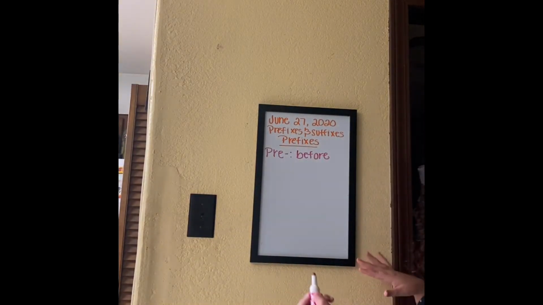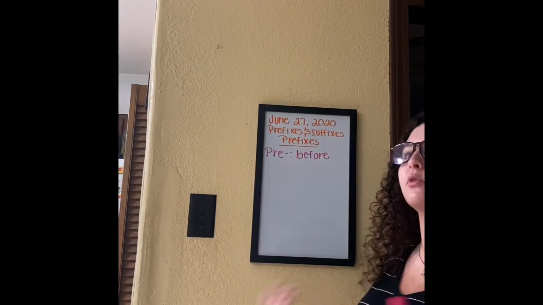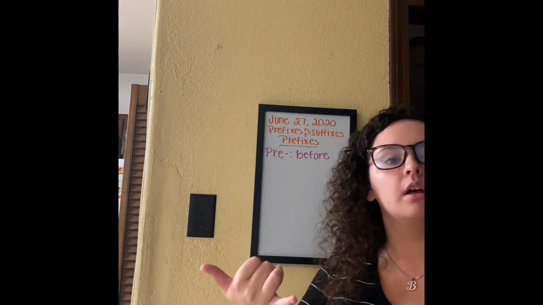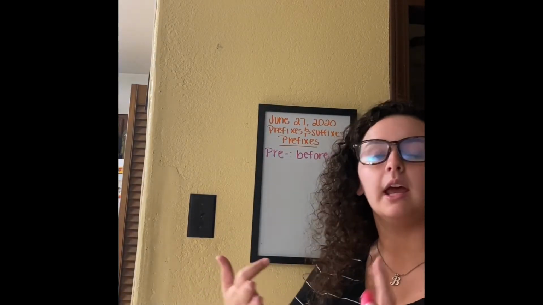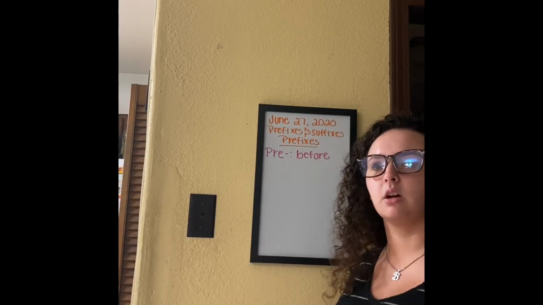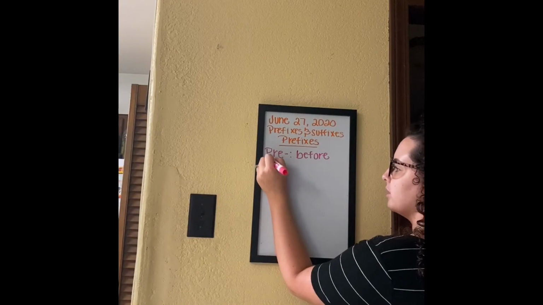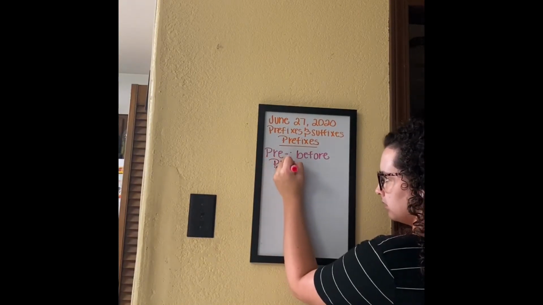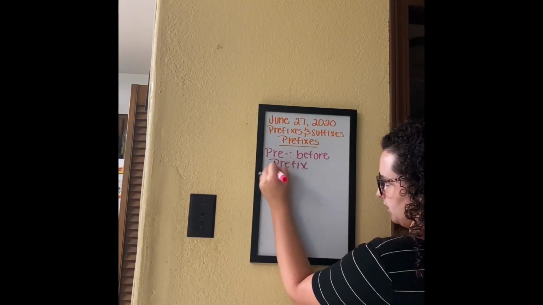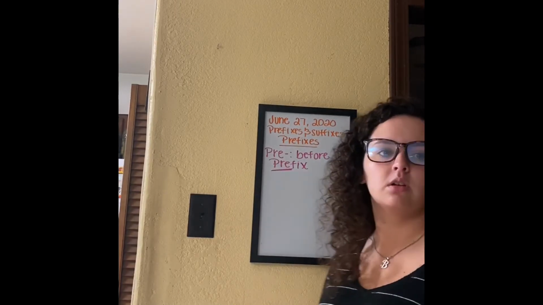It's so easy to remember for y'all, and it shows that it goes before the word. It's a good way to help you remember the definition for pre, and it helps you remember where your prefix goes so you don't get it confused, right? So our example is prefix. Underline pre.